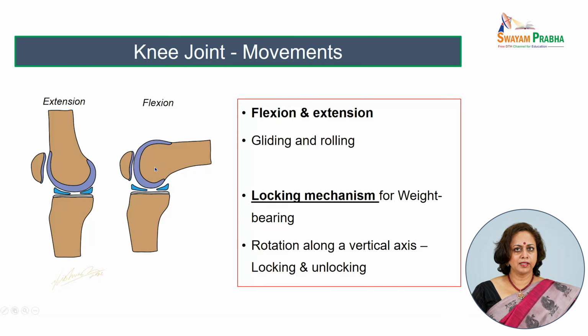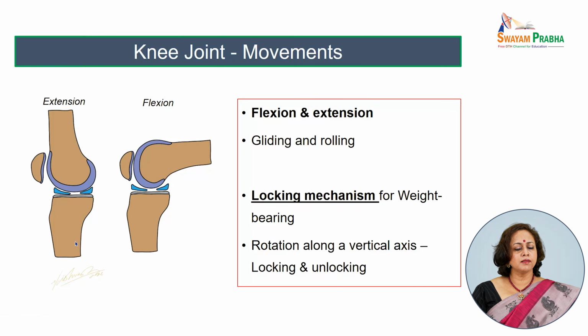Besides flexion and extension, there is a locking mechanism. Now what happens is, during full extension, the muscles which are for extension, like the quadriceps femoris, are contracting. Now in long standing positions, we cannot expect the quadriceps femoris to keep on contracting.